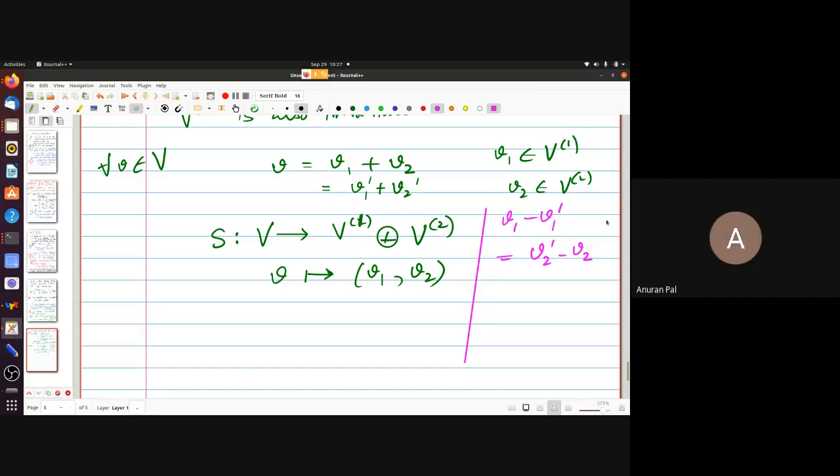So it's identity. You mean 0, right? Yeah, 0. Why do you say so? Why are you so sure that the only vector which is common to both the subspaces? We made no such statement, right? Why are you so sure that the only vector which belongs to both is the 0?